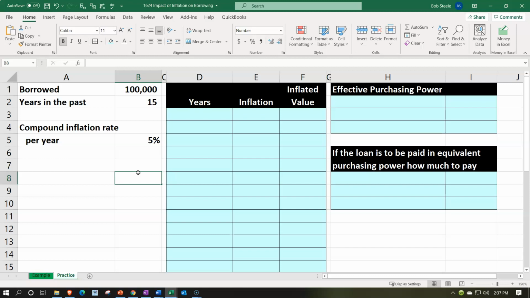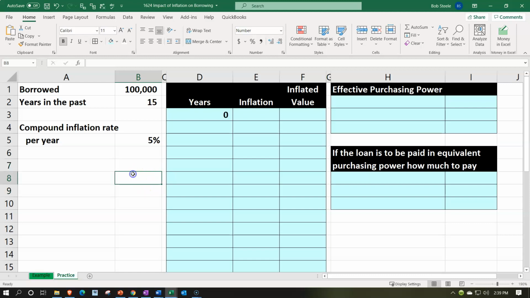You might have a fixed rate on the loan, or the loan could vary depending on how it is structured. The important thing to note is the impact of inflation on loans and borrowing, and of course, looking at periods where inflation might be more volatile, what that might do to borrowing, compared to other times when inflation might be more stable, possibly lower.